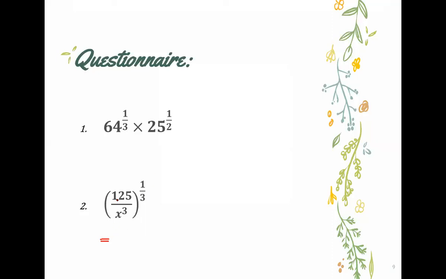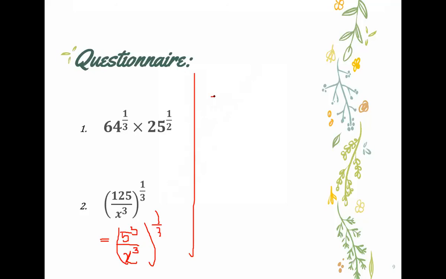What you will do here, you have to take the cube root now. So you will write it down here: 5 multiplied by 5 will be 25, 25 multiplied by 5 will be 125. So you will write it down here, 5 cube, and here x cube, whole power 1 upon 3. Okay, right? Then you will give power to each number. Just suppose I'm trying to solve it here.